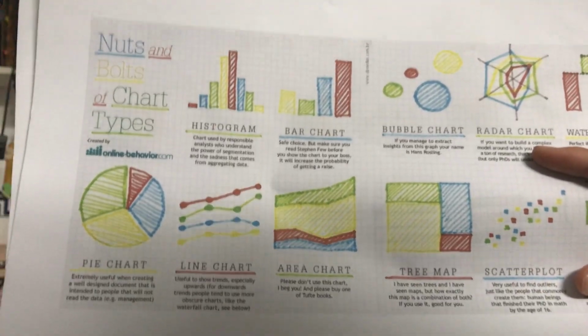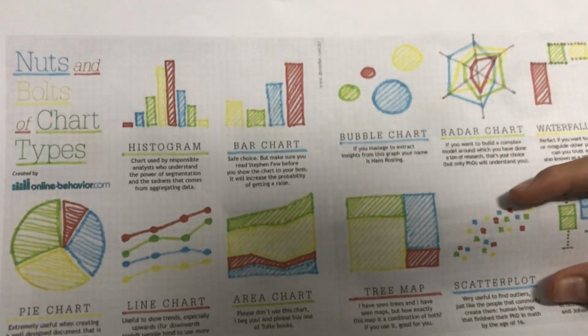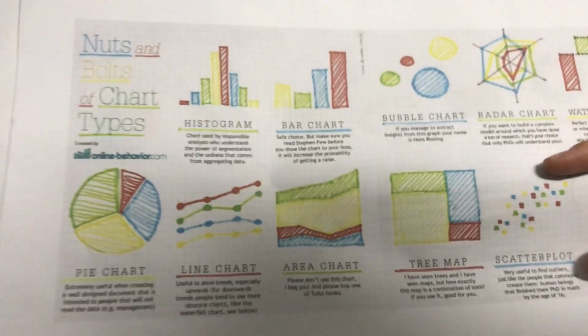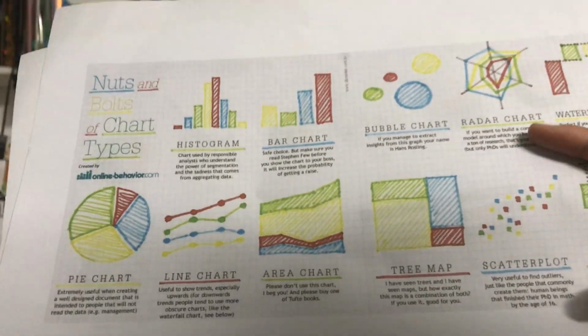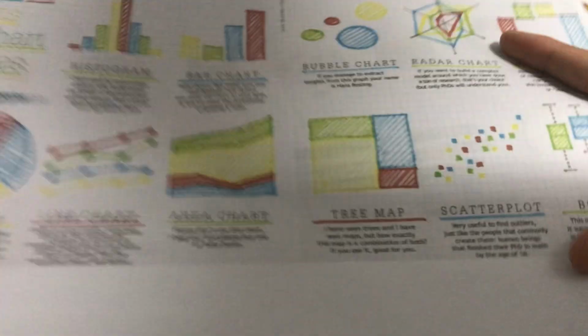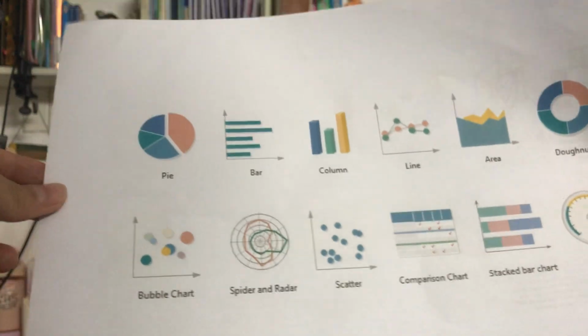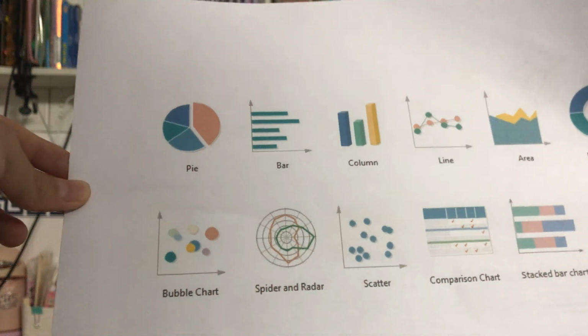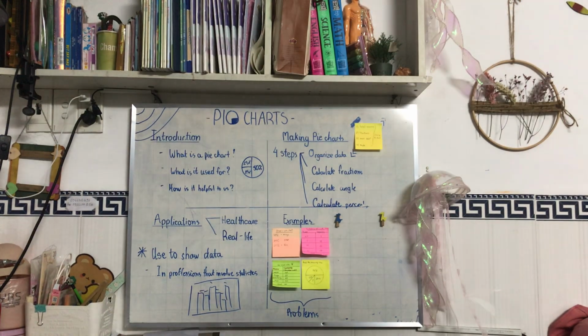We have the histogram, the bar chart. We also have the bubble chart, radar chart, waterfall chart, pie chart, line graph, area chart, tree map, scatter plot, box plot, as well as so many more, as you can see here. Scatter, spider, bar, column, pie that we are talking about, and gauges.